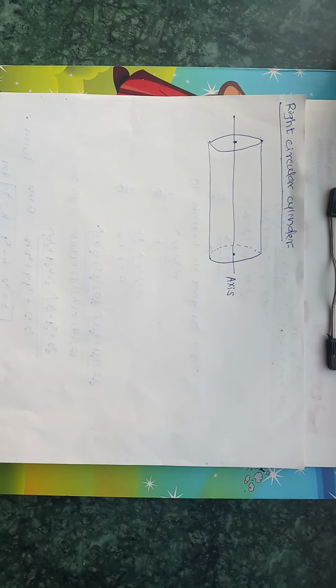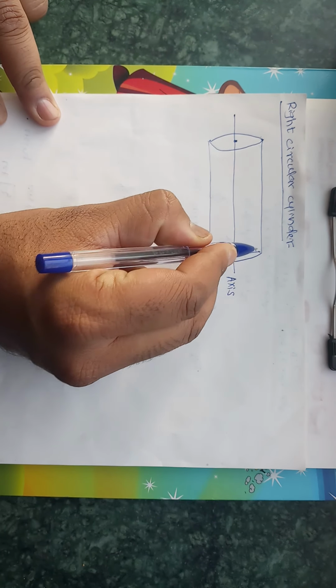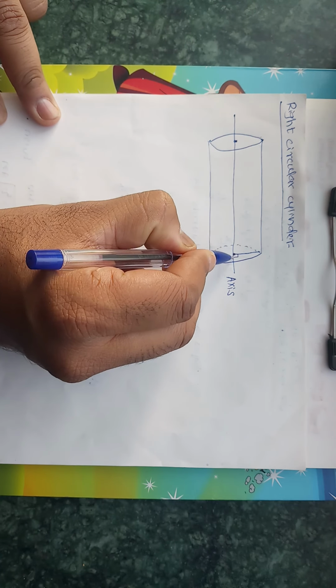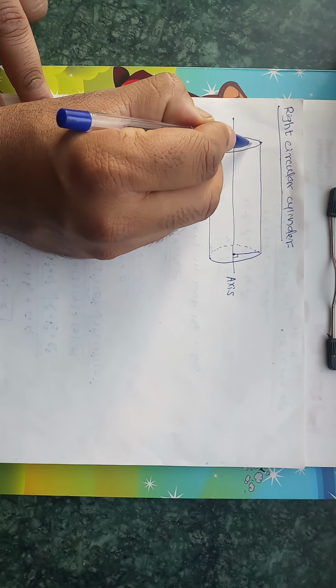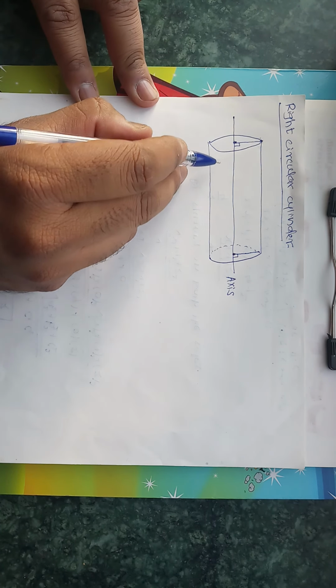Here also, right circular means if I draw a radius here, then this should be perpendicular. Here also this is perpendicular. So this is the right circular cylinder.